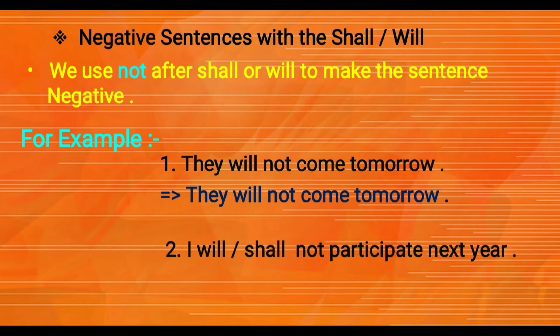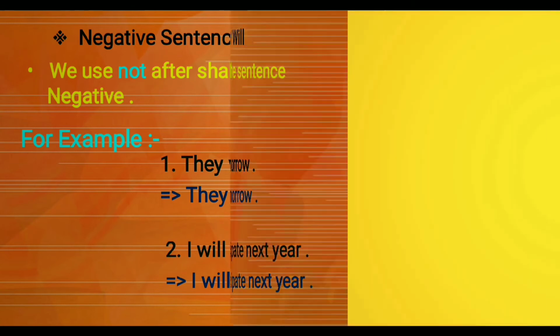With I we use will or shall, both, right? Either we use will or we use shall not participate next year. So this is the way we use will and shall with not to make a negative sentence.